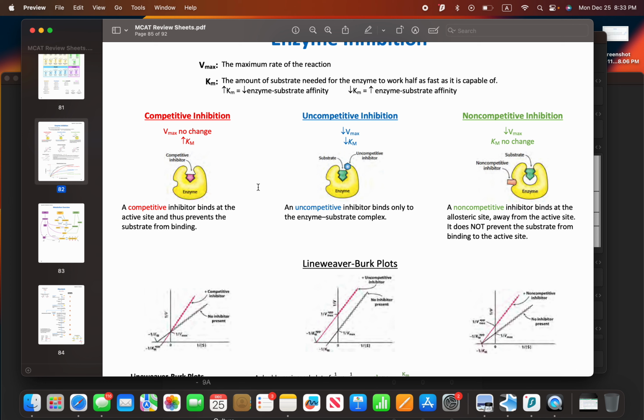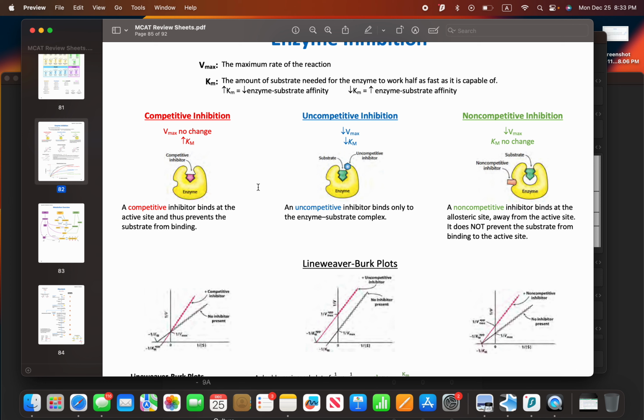So the affinity of the substrate with the enzyme is decreased because there are more substrates available to attach to the enzyme, right? There are more passengers, and the affinity of the enzyme becomes less because the fake passengers came.